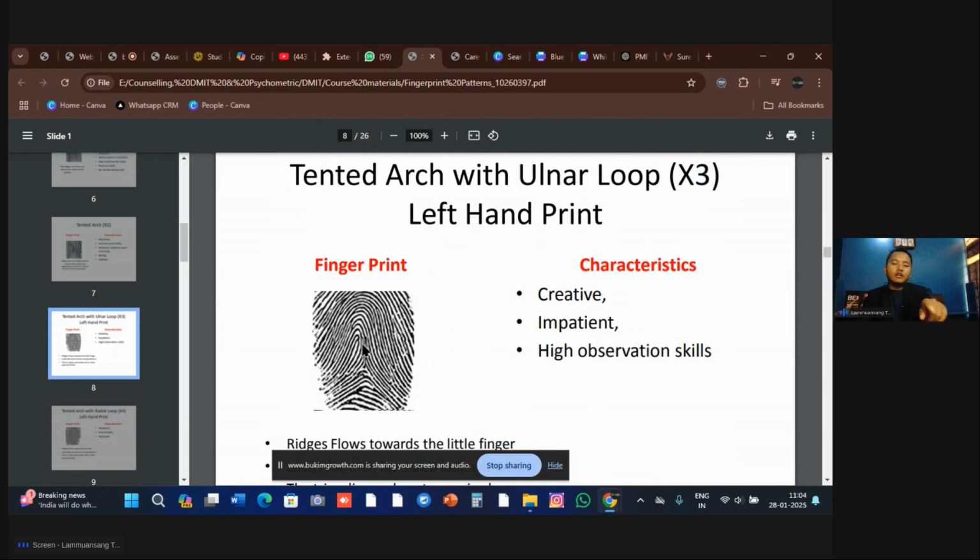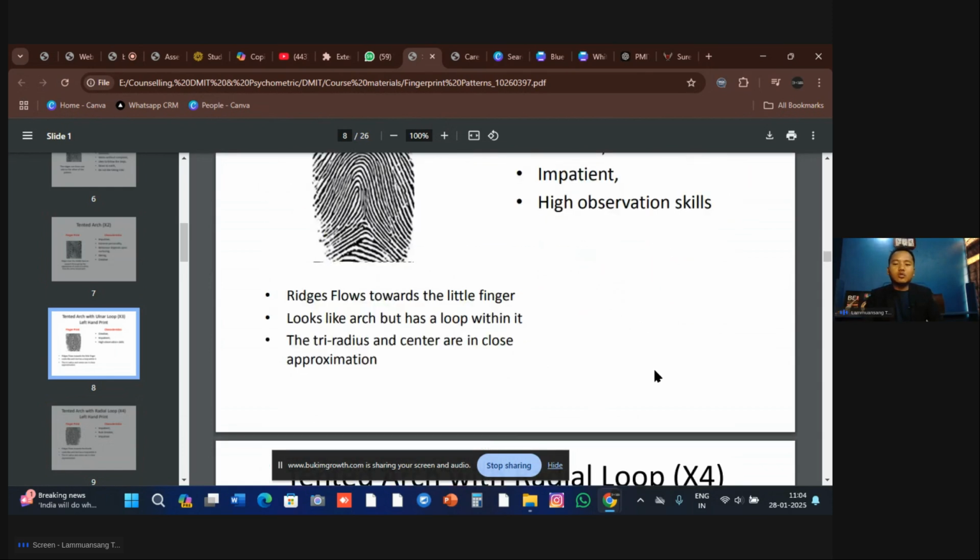But if your client's hand is the right hand, and you find this kind of pattern on the index finger of the right hand, that means it will be converted to x4.